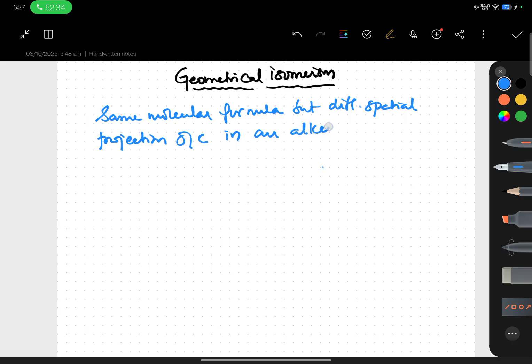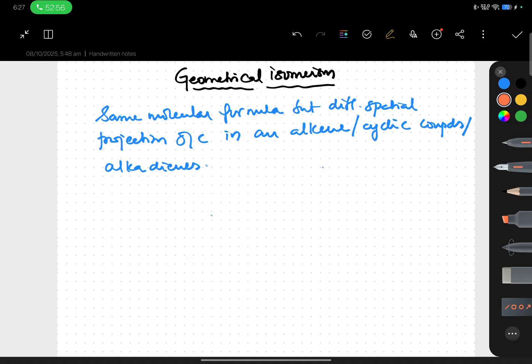Very important. This is something you see only in alkenes, or cyclic compounds, or in the case of alkadienes.